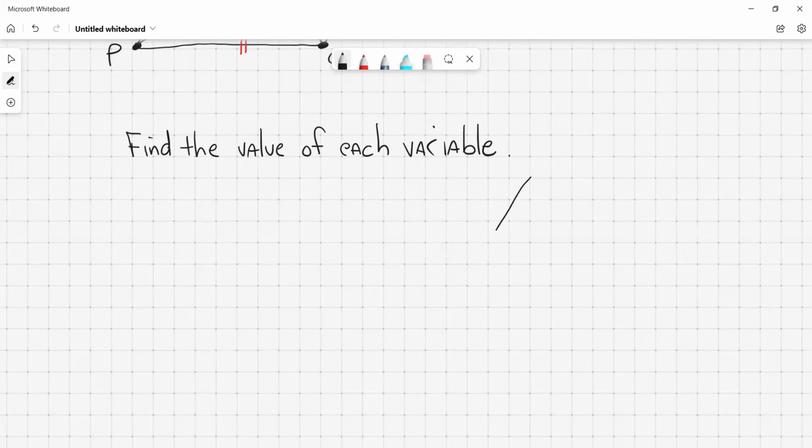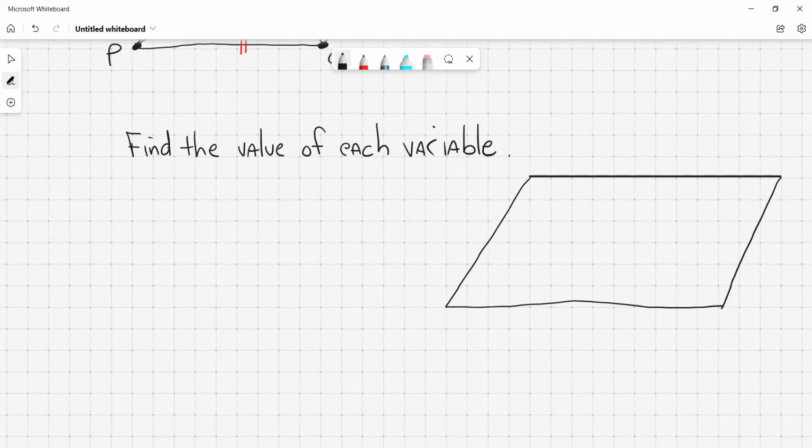We got another parallelogram, and it is QRST. We're going to put in these two diagonals.